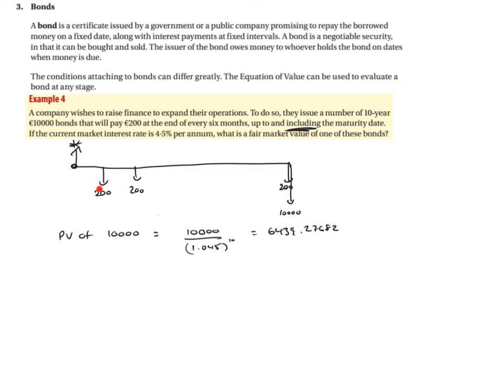Now the next thing we need to do is work out what all of these 200s are going to add up to. Remember, guys, this is not an annual interest rate. It is semi-annual, or bi-yearly. So we need to change this into a semi-annual rate. So we go to the side and we see that's 1.045 to the power of a half, minus 1.